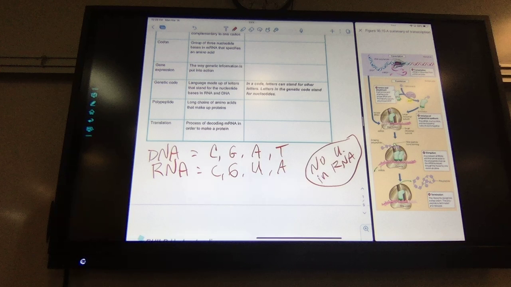Circle each codon. How many bases is a codon? 3. So you're going to circle 1, 2, 3. See if you can answer questions 2, 3, and 4.